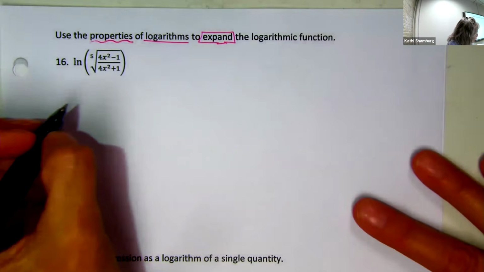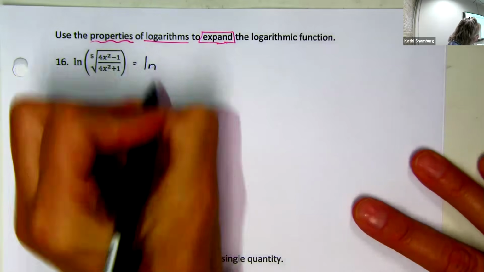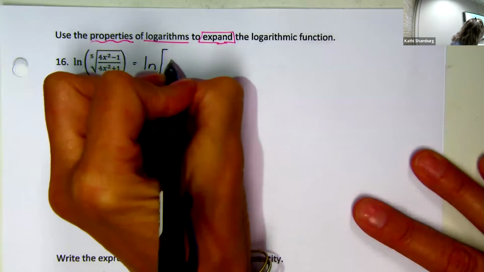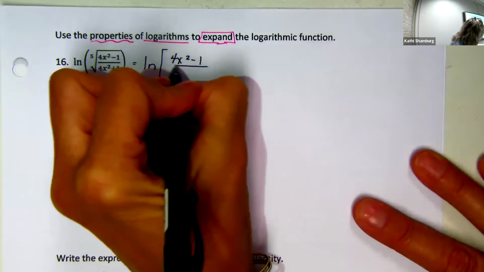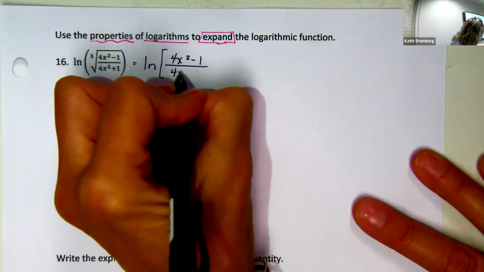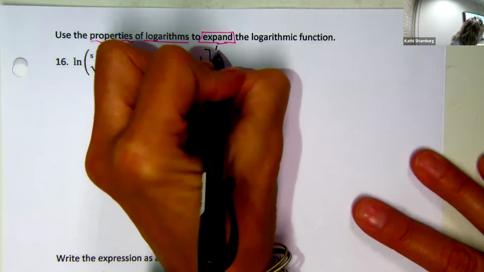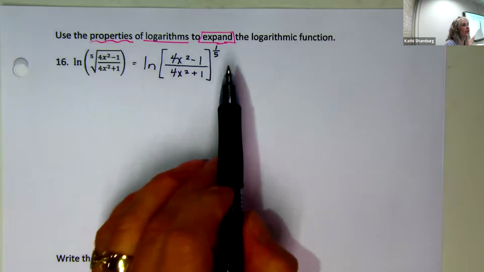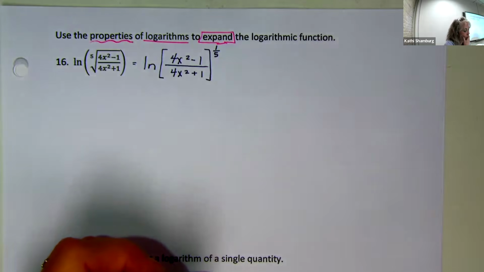If I were to use a property, that would be the natural log of 4x squared minus 1 over 4x squared plus 1, to the 1/5. If this was a cube root, it would have been 1/3. If it was a square root, it would have been 1/2, and so forth.